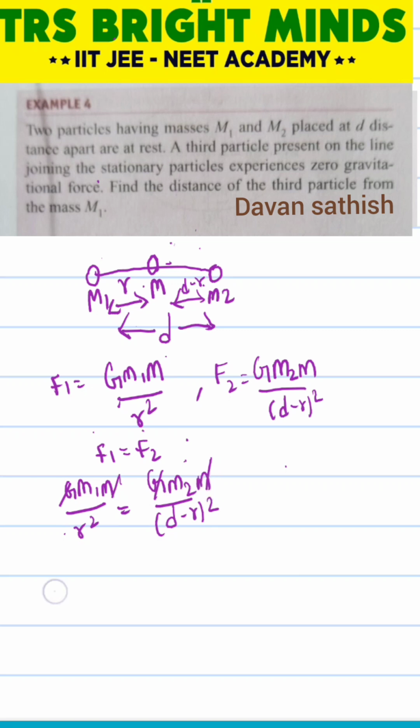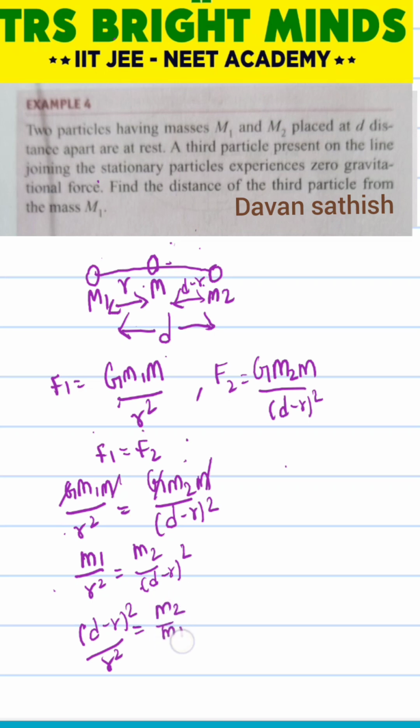So here we'll get m1 by r square is equal to m2 by d minus r whole square. So we'll cross multiply here: d minus r whole square divided by r square is equal to m2 by m1.